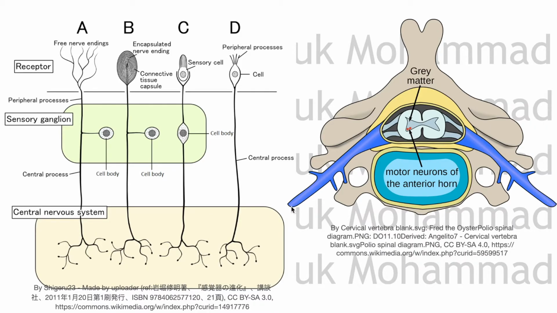So it receives signals through the dendrite of the dorsal root ganglion cell, which are pseudo-unipolar cells, and sends the signals through axons to the dorsal horn of the spinal cord.